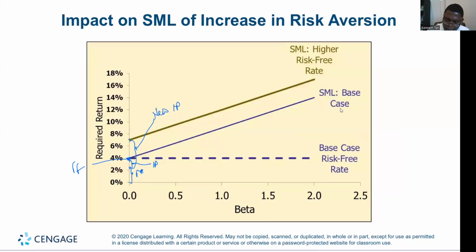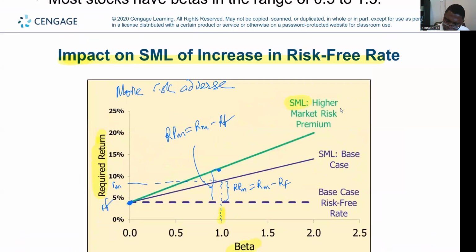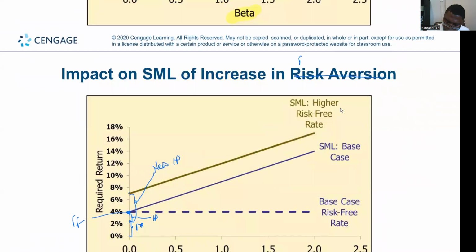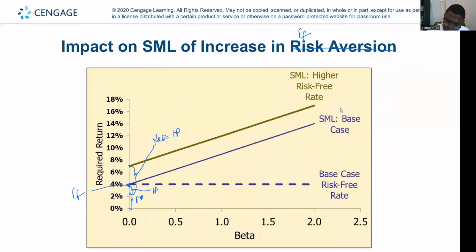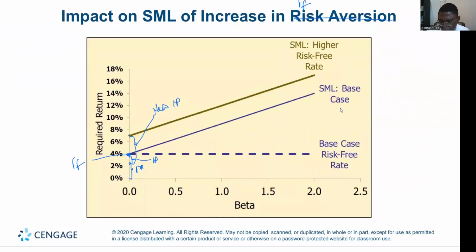When the risk-free rate increases, the security market line is going to jump up. This becomes the new risk-free rate.